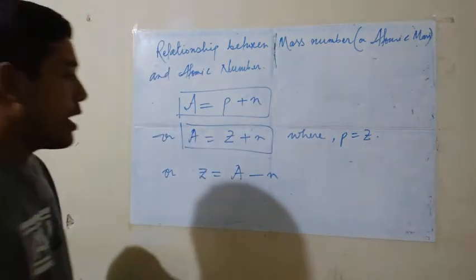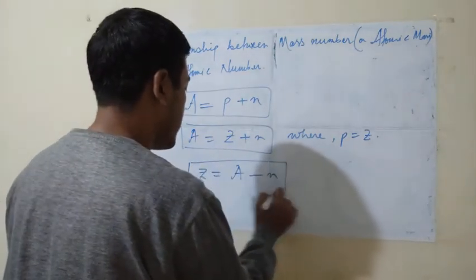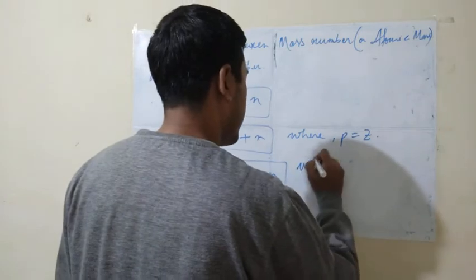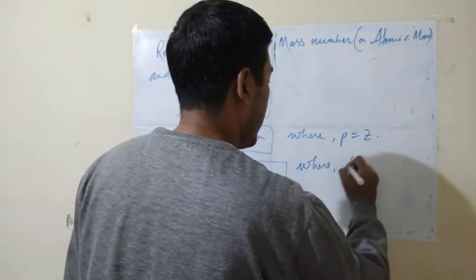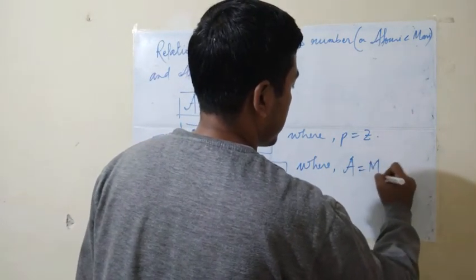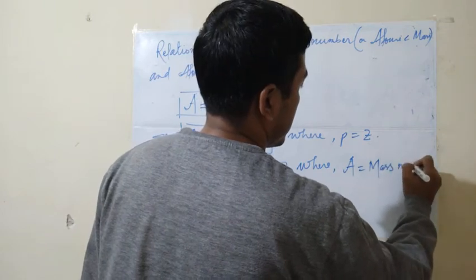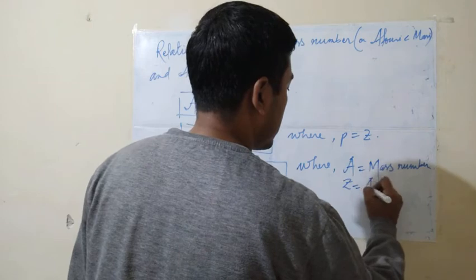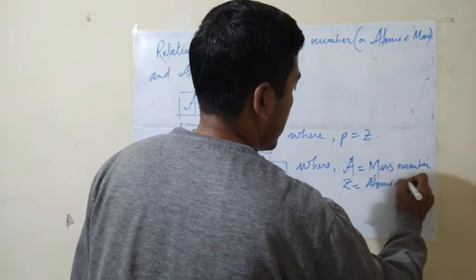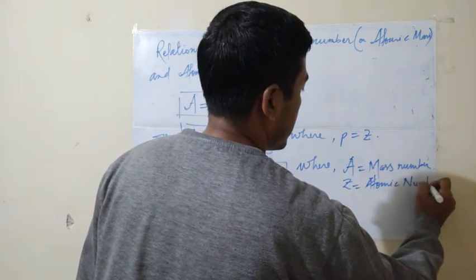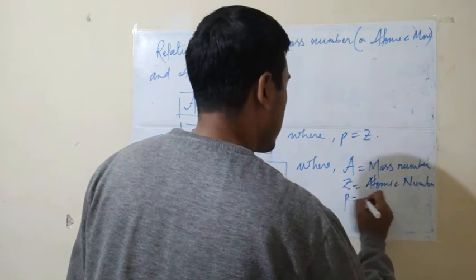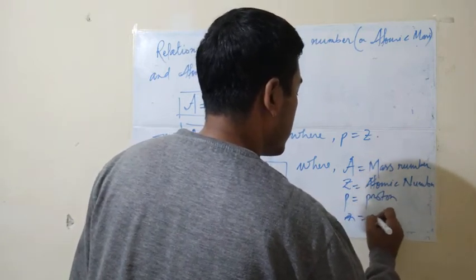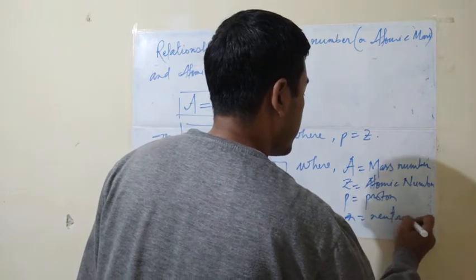Right. Look here, I will mention in here where A is equal to mass number, Z is equal to atomic number, P is equal to proton, N is equal to neutron.